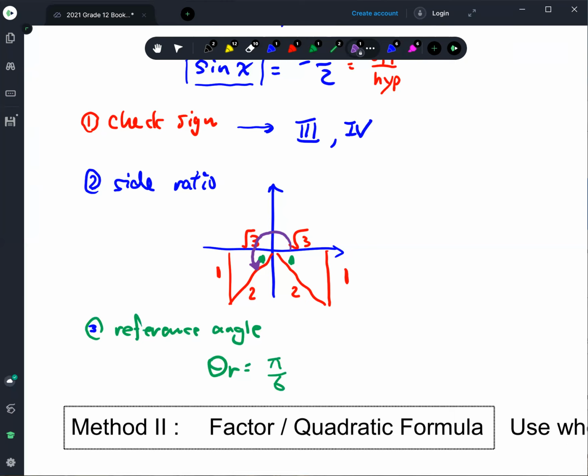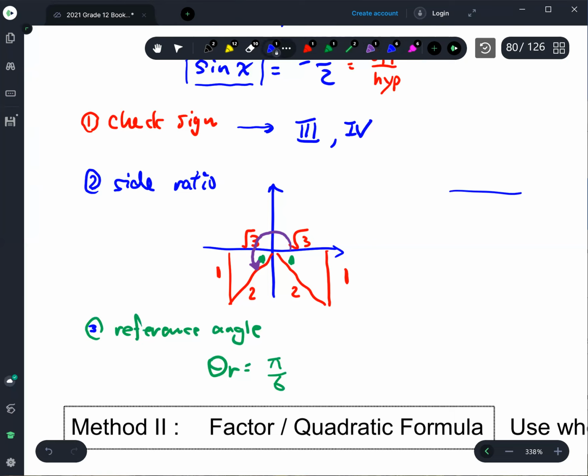Remember, if the reference angle is pi over 6, then each side is divided into 6 slices, and the other side, same thing, divided into 6 pieces. So the first angle that we want to find will cover everything up to 180, up to pi, and one more piece. That's the first one.